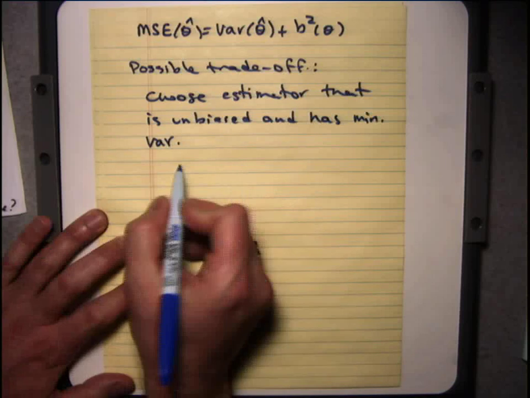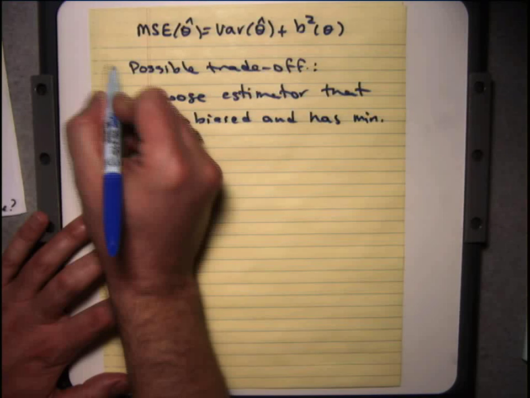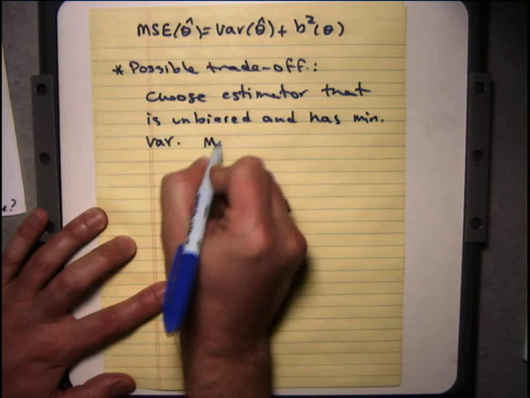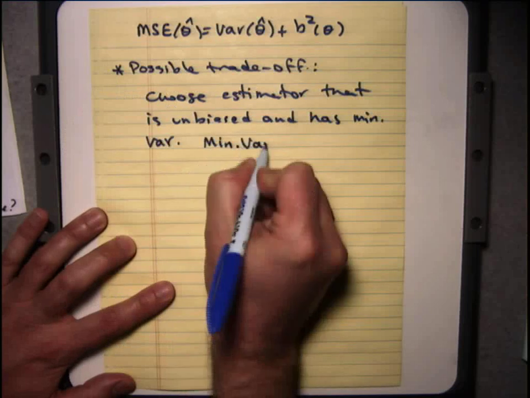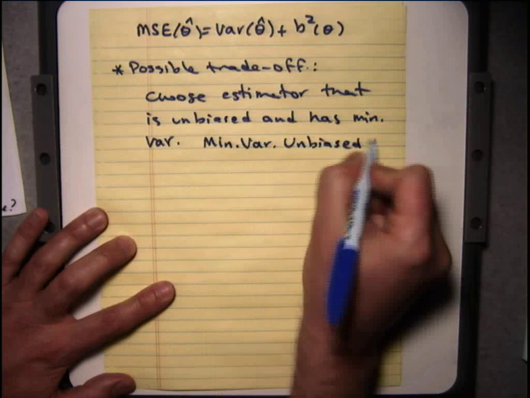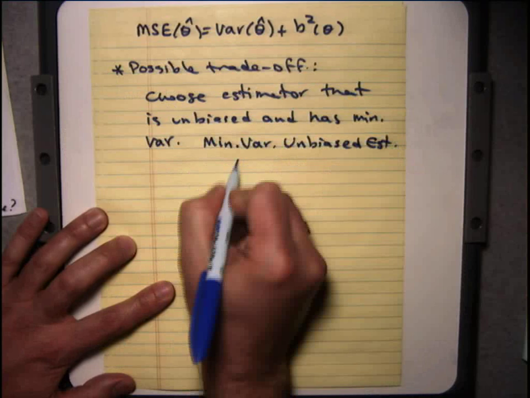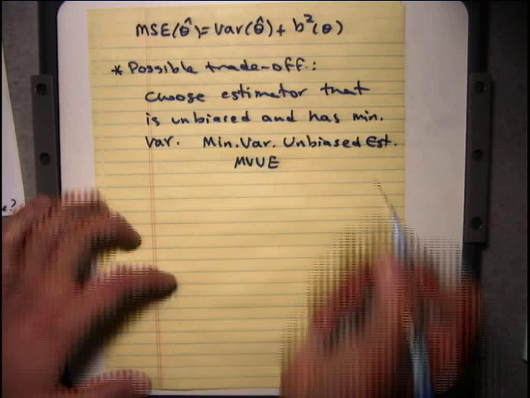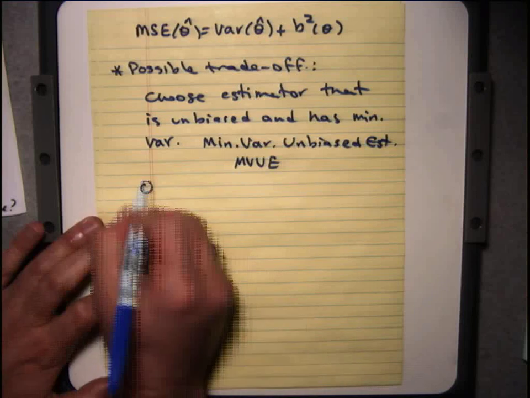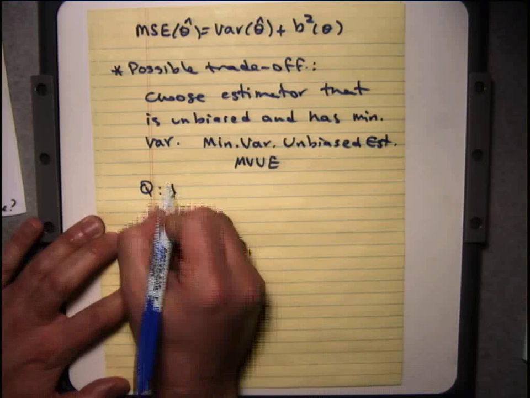If you are able to do this, the resulting estimate is called the minimum variance unbiased estimator, or MVUE, for obvious reasons. Now, you might ask the following perfectly reasonable question.